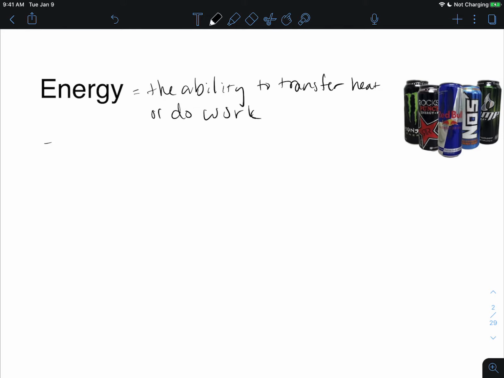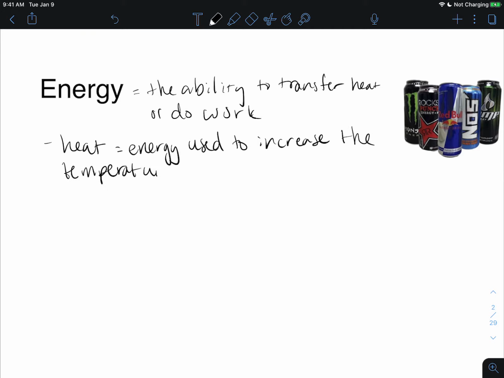And then we define heat as energy used to cause the temperature of an object to increase. And then our work is the energy to move something.